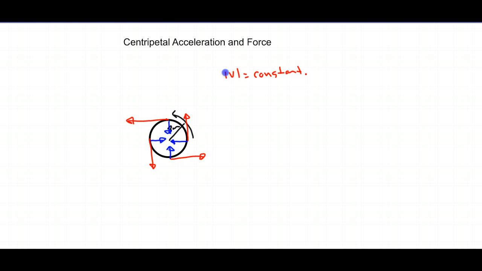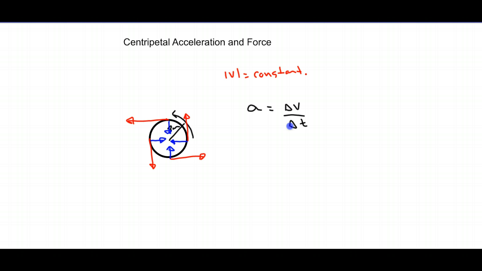So that means that our acceleration depends on just the change in direction of our velocity, or rather, the size of our acceleration dictates how big our velocity changes its direction. Remember that acceleration's magnitude is given by the change in velocity over the change in time.